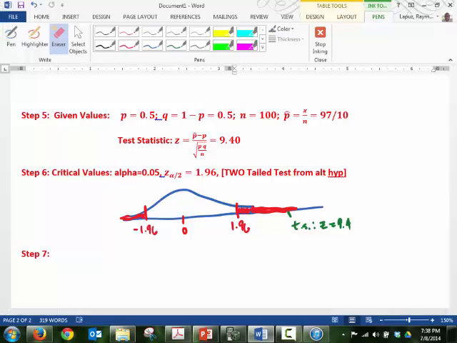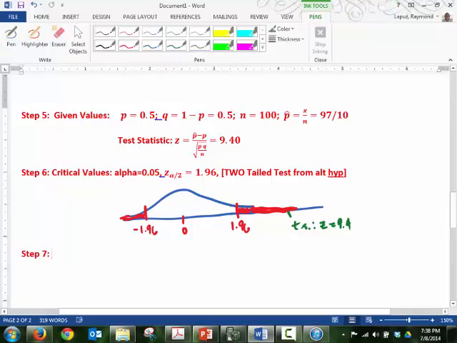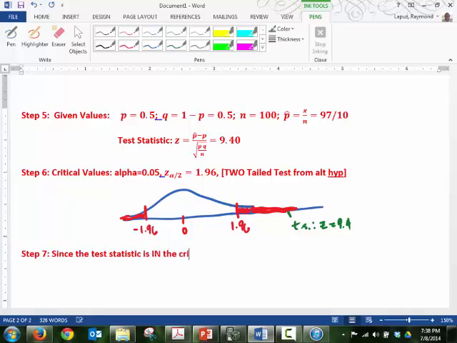All right, so step 7. Since the test statistic is in the critical region, what's our conclusion?